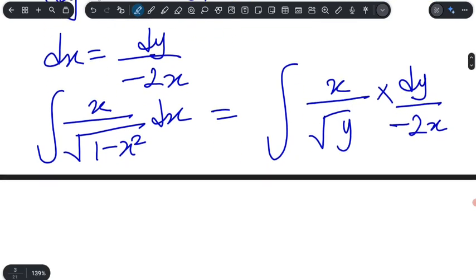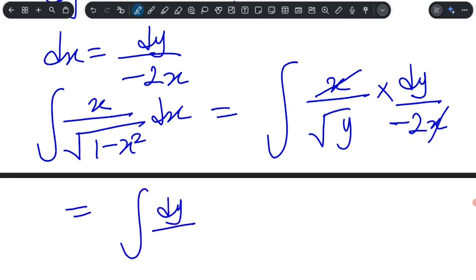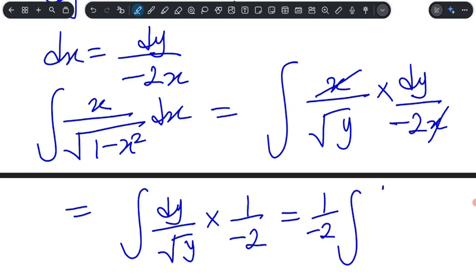You can discover that x will cancel x, giving the integral of dy over the square root of y multiplied by 1 over minus 2. So let's bring this 1 over minus 2 to the front of dy over the square root of y.